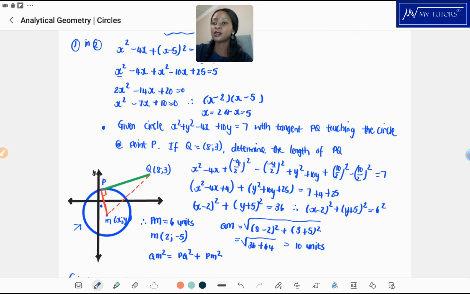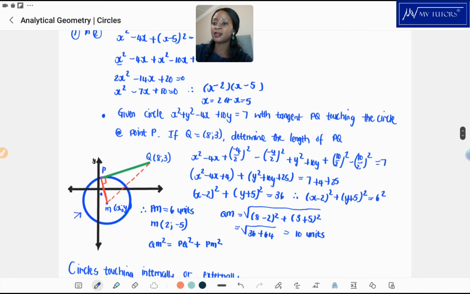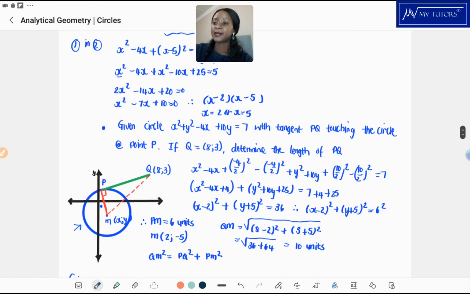I want PQ, so PQ squared will be equal to QM squared minus PM squared, which is 10 squared minus 6 squared.